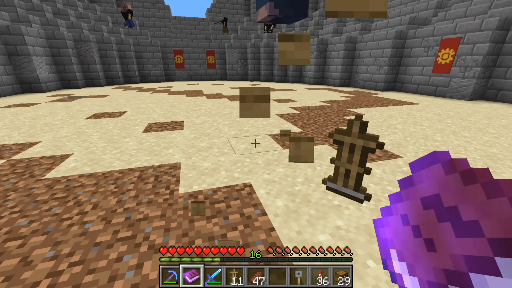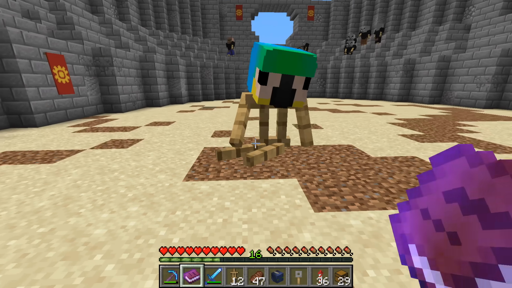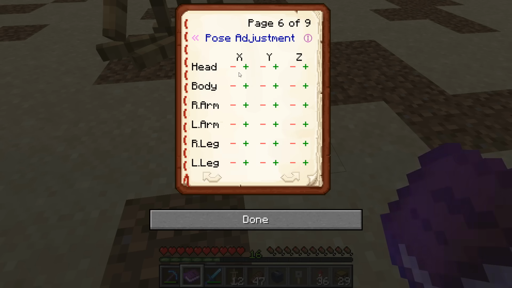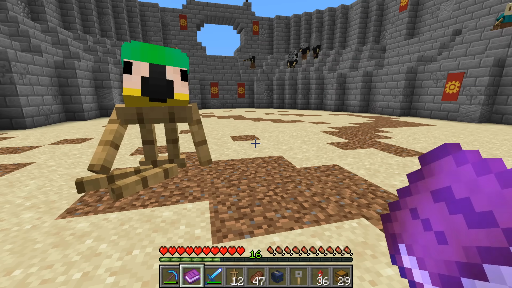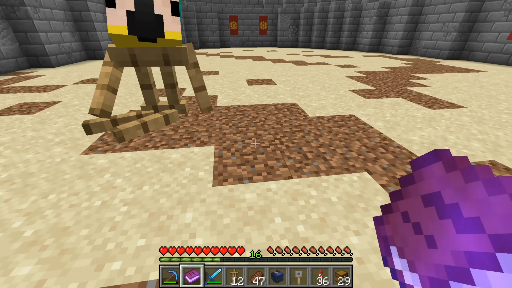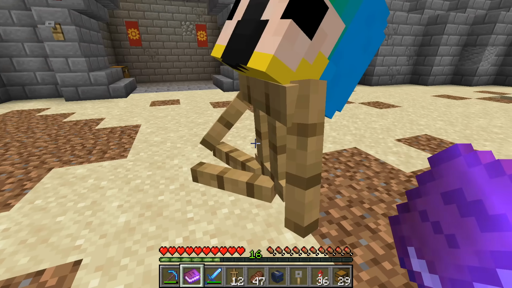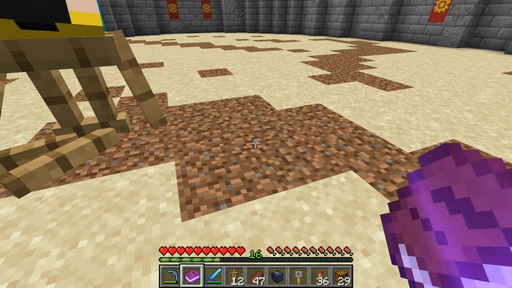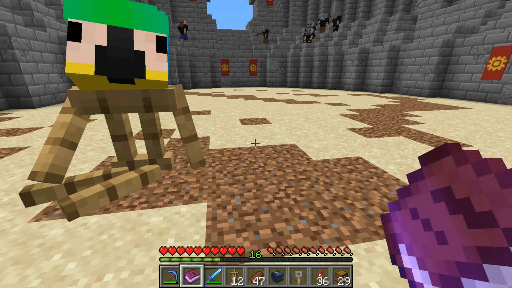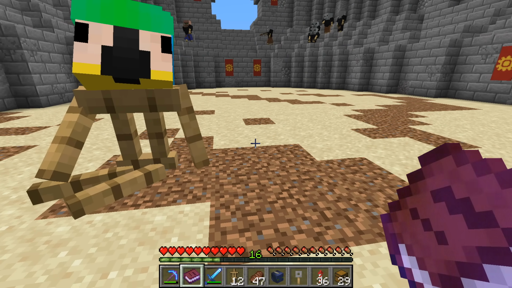Let's talk about locking. Locking is very, very important. Now, whatever I do to this one, for example, if I just wanted the head to be up a bit more, that's fine. If I'm working on an armor stand here, I can accidentally mess this one up. And this is the thing that I think a lot of people have overlooked. When I'm doing my statues, people go, how do you pick what armor stand you're working on? It's very, very easy.